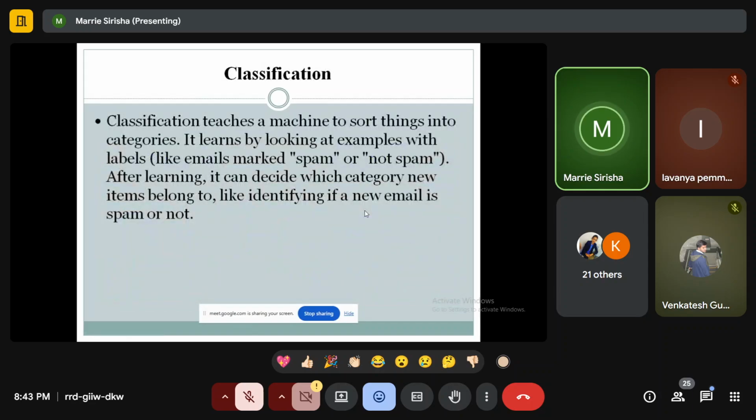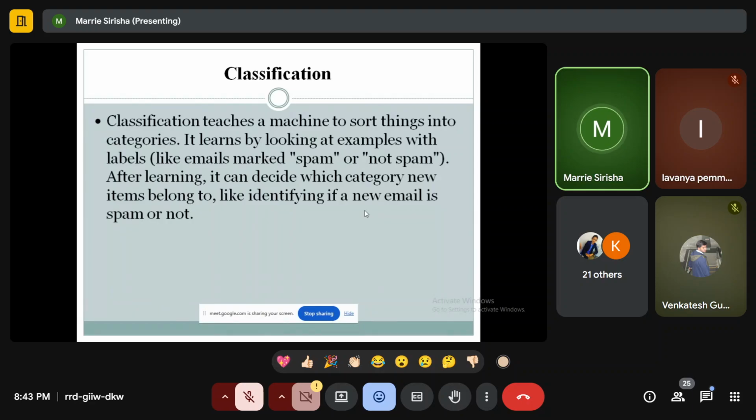Next, what is classification? Classification is very, very important because your entire unit is based on classification only. They can ask what is classification, or explain the concept of classification elaborately. For that you need to write the proper definition. Classification teaches a machine to sort things into categories.